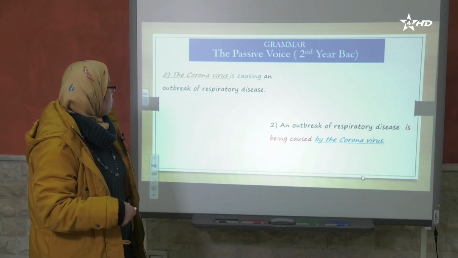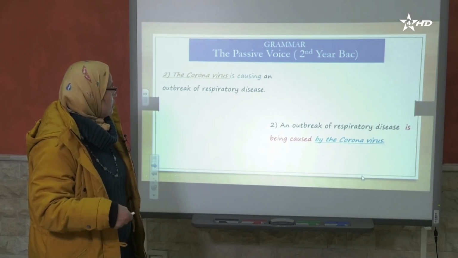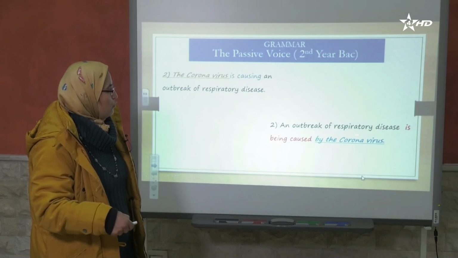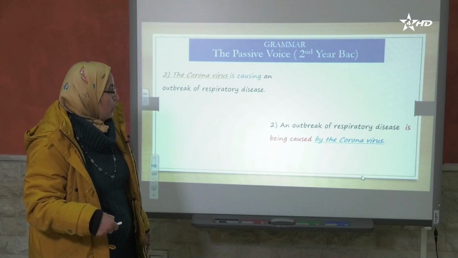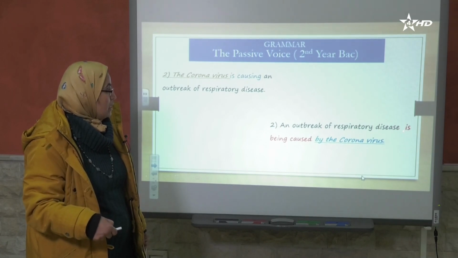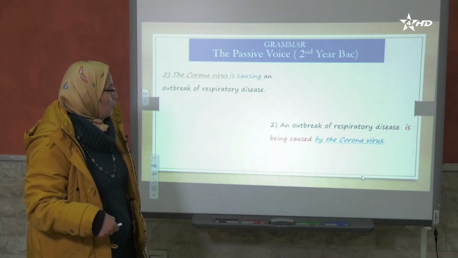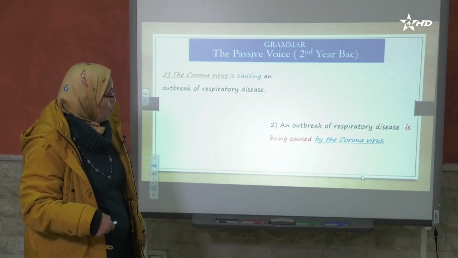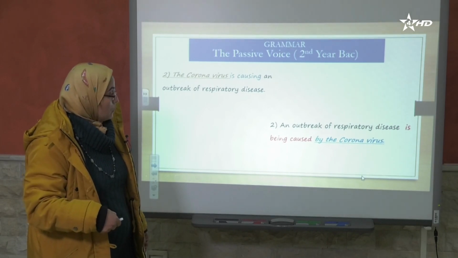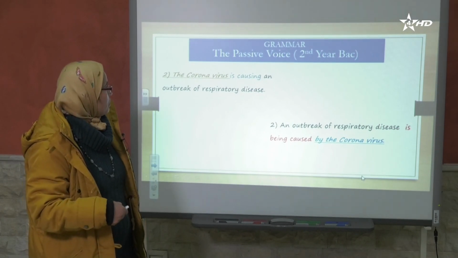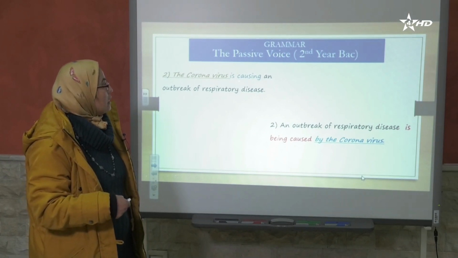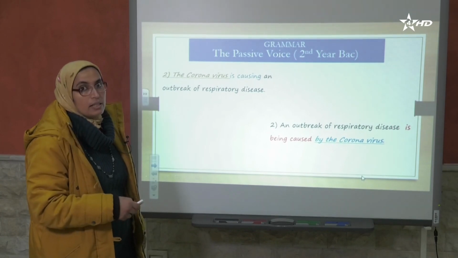And an outbreak of respiratory disease is moved to the place of the subject. An outbreak of respiratory disease is being caused. So what do we add here again? We add to be in the present continuous. Why to be in the present continuous? Because here we have is causing in the present continuous.